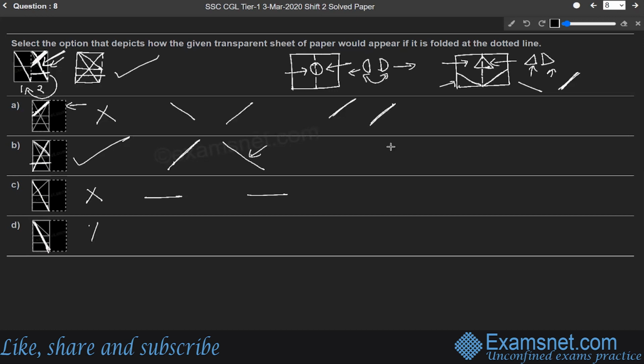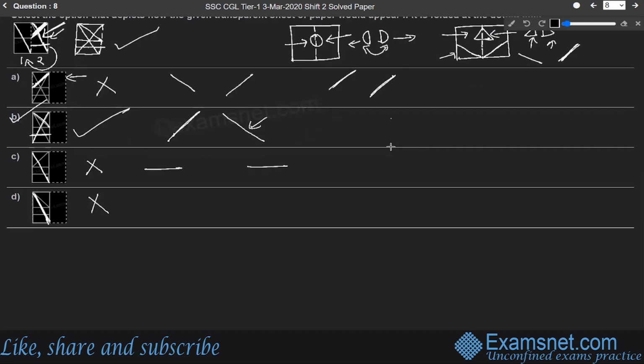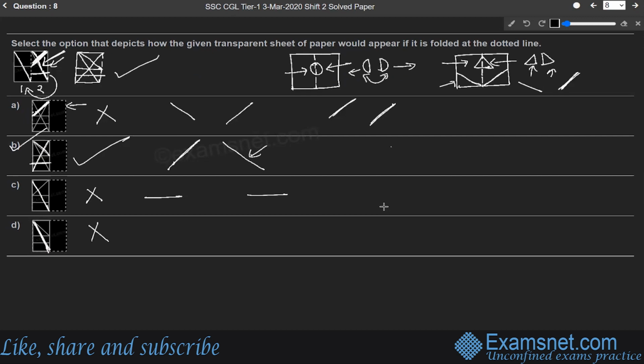So this is also wrong. So for this question, the correct option is option B. I hope you are clear with this question. The main concept you have to remember here is that any image that we make will be opposite in the different direction. So I hope you are clear with this question.